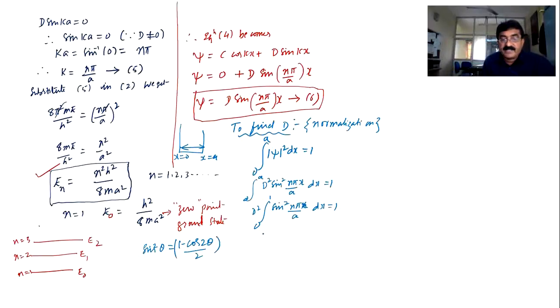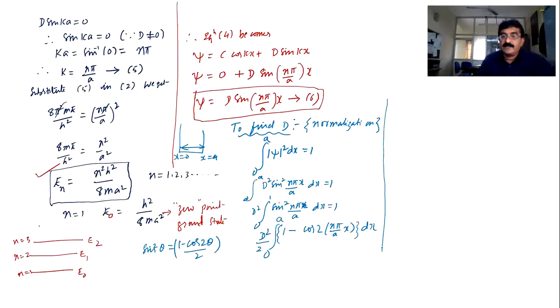This is one of the known equations. On that basis I write D square integral of 1 minus cos 2 theta, in the place of theta I have n pi by a x, into dx. This whole thing divided by 2, that divided by 2 I write outside, between the limits 0 to a. I hope you are following.